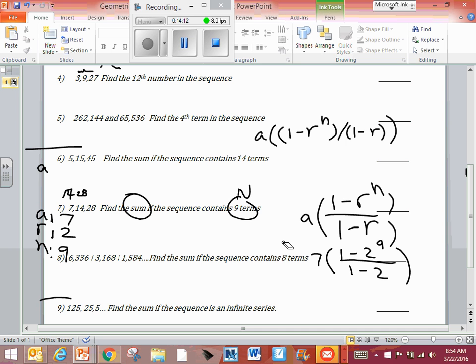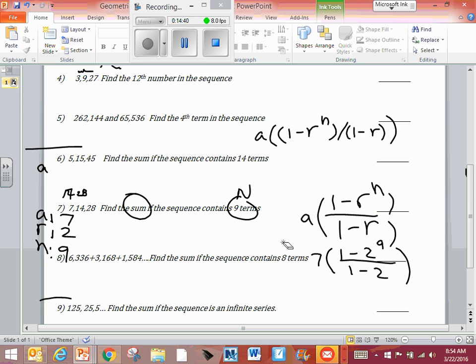If the sequence is short enough, yes, you could figure out what number comes next in line and then just add them up. You know what I mean? So if this is 7, 14, 28, they're doubling it. That'll be 56, 102. If you can figure out what the numbers are and get all 9 of them, you can just do plus, plus, plus in your calculator and add them together. You don't need the formula.